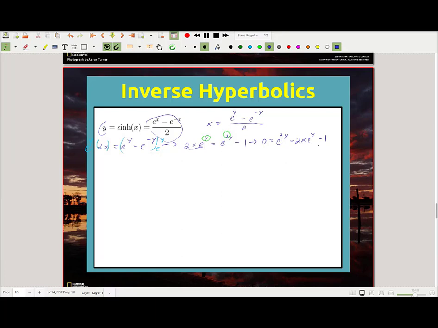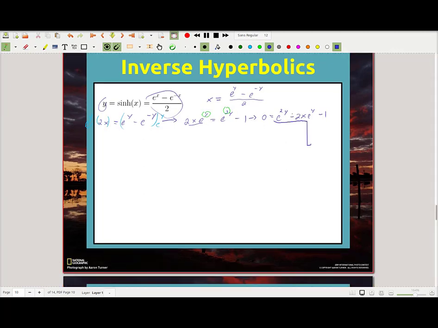So I'm going to start out by adding 1 to both sides. And let me switch these around because I like working with the left side. So if I add 1 to both sides and switch things around, I get e to the 2y minus 2x e to the y equals 1.